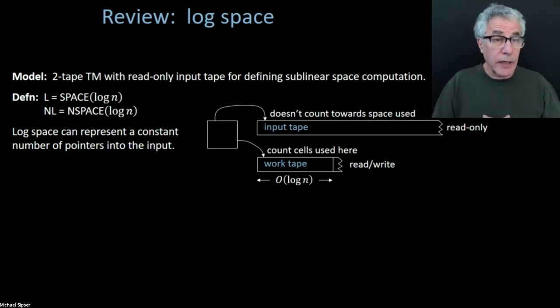Then you have a work tape, which is your local memory. And the way we're going to think about it in the context of log space is that the work tape is logarithmic in the size of the input.